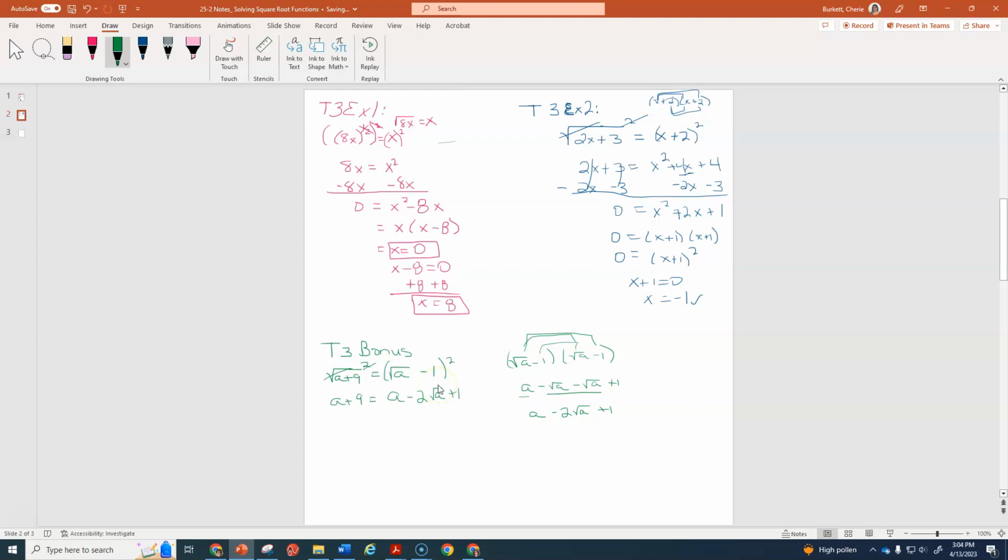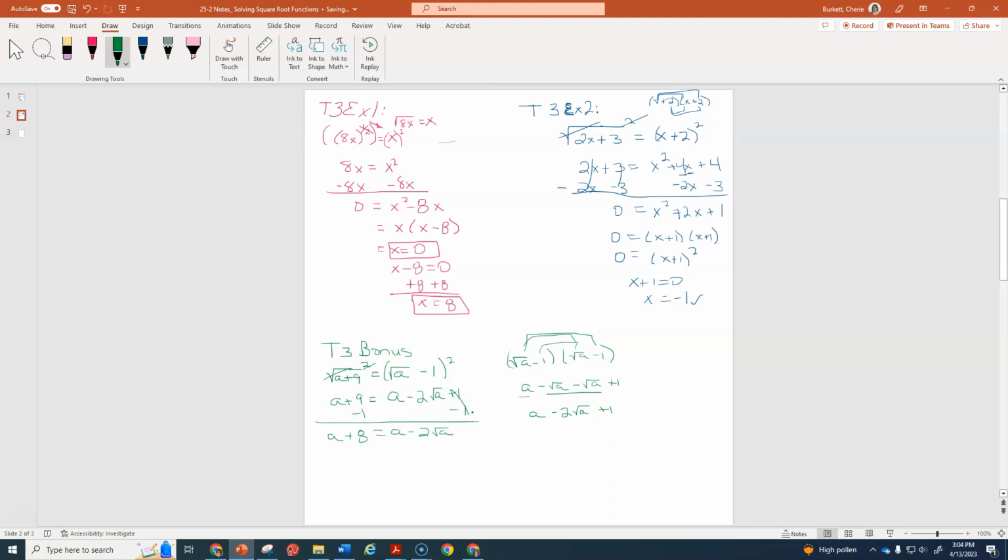So I've got to get rid of this a, I've got to get rid of the negative 2, and I've got to get rid of the 1. It doesn't really matter which ones you get rid of first, but let's start by doing minus 1. Minus 1, minus 1. So we're left with a minus 2 root a. That adds to 0. That leaves me 8. And then that leaves me with an a.